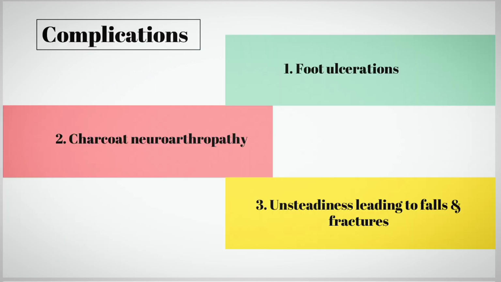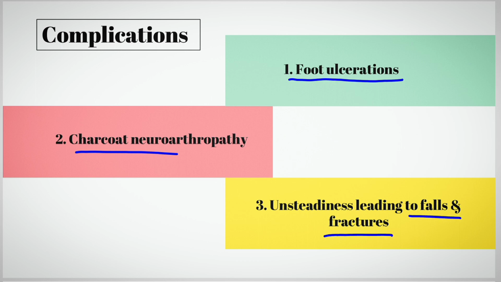So, what are the complications which can be present in diabetic neuropathic condition? The first and most common is foot ulceration. The second one is Charcot neuroarthropathy, and the third one is unsteadiness, which can lead to falls and fractures in the person.